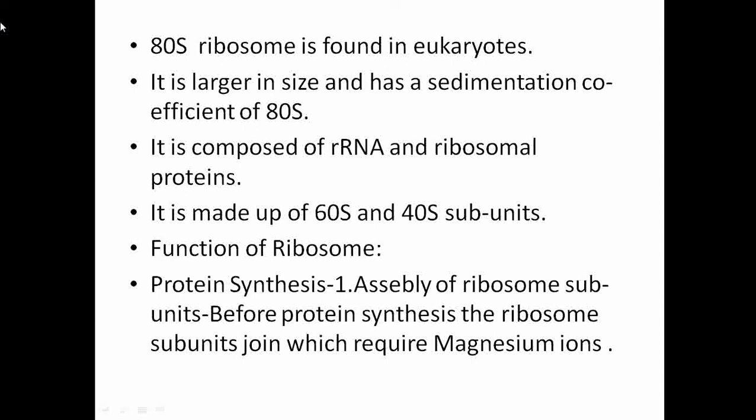The ribosome subunits join, which requires magnesium ions. These magnesium ions are particularly required for this assembly, and if 0.001 molar magnesium ions are found in our cells, then only can there be the assembly of large and small subunits.